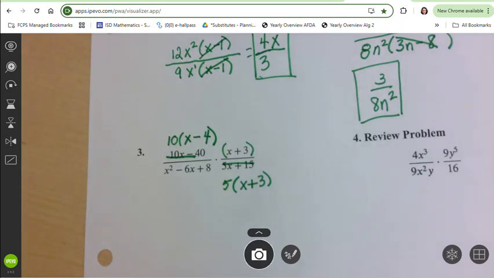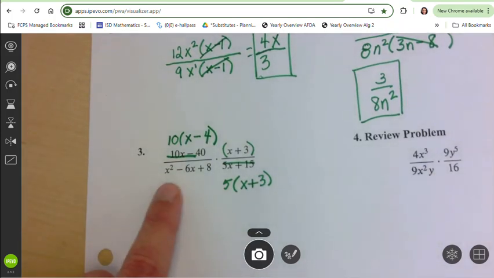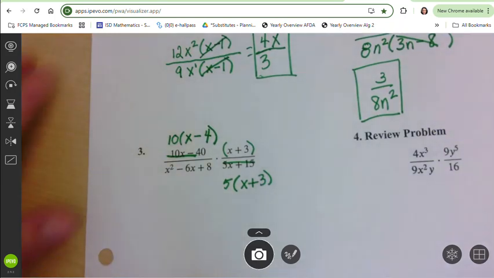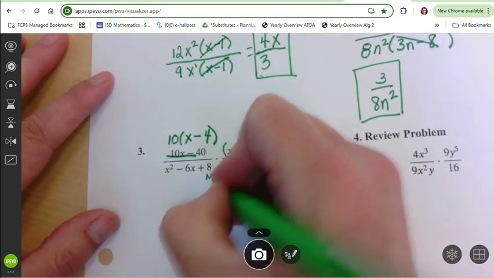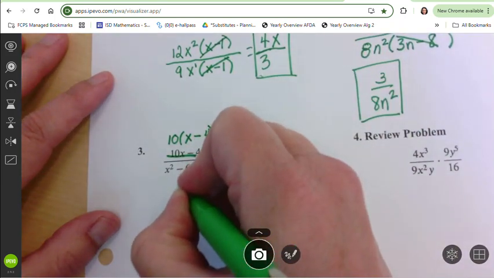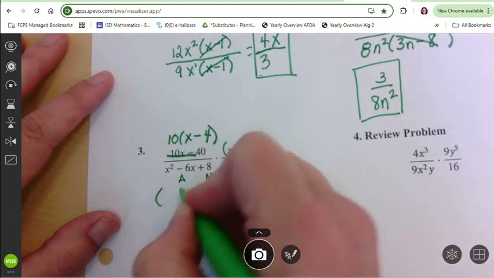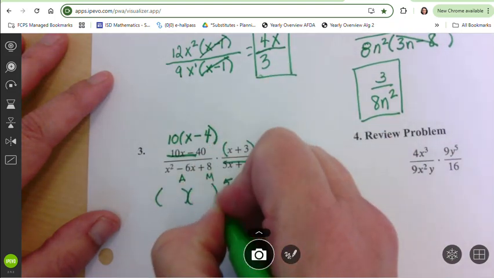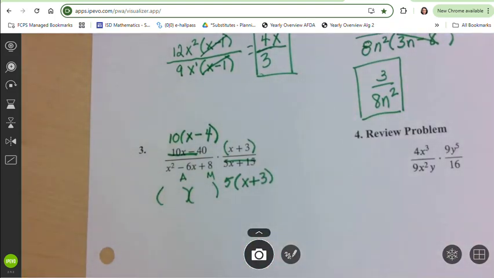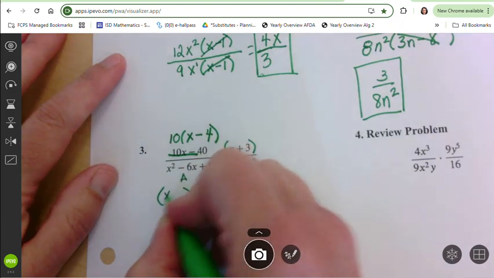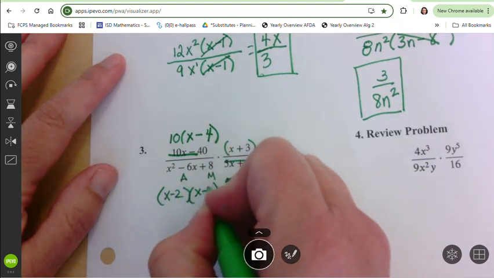It's already a factor. And then here, we had to find two numbers that multiply to 8 and add to negative 6. And what were those numbers? -2 and -4. Good. So x minus 2, x minus 4.